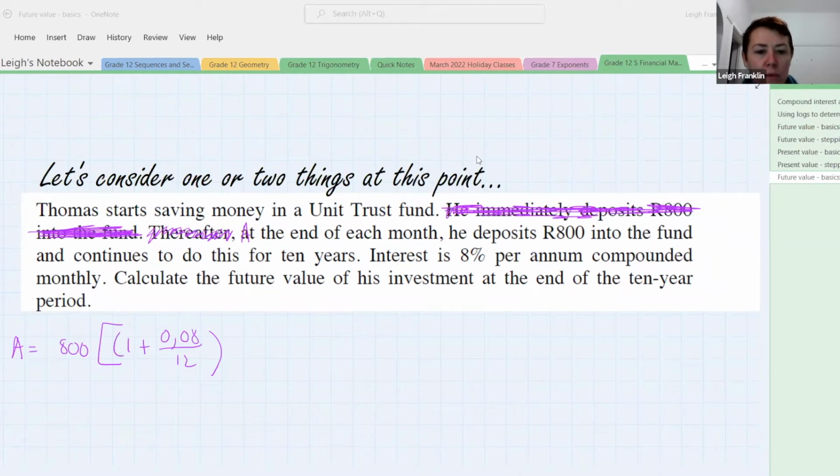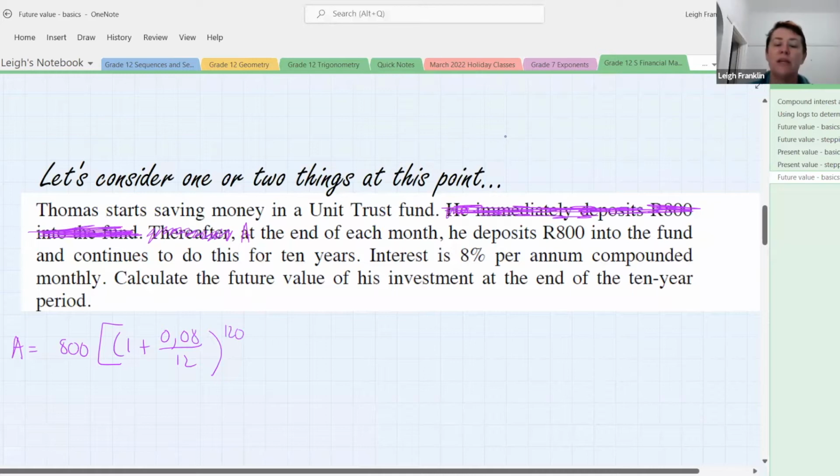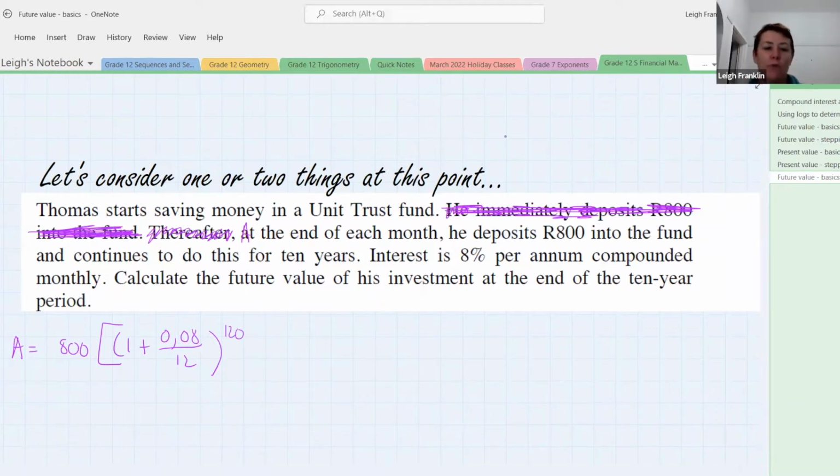All right, Kulani, I agree. Taniko, good. Is your N 120? It's 120 in this case, Oratil, we're correct. Because he is making the deposit at the end of every single month for a period of 10 years. So 12 times 10 is 120. Good. All right, lovely.